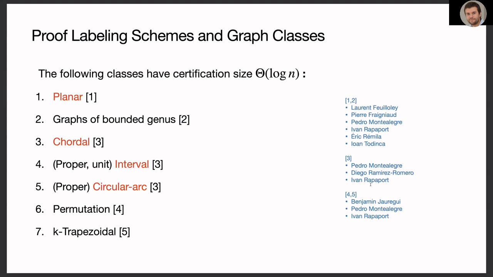There's not a general thing that we can use for every class of graphs. We just have to look at the class of graphs and find the right characterization that allows us to build this smooth certification. I will illustrate that with these 4 examples.